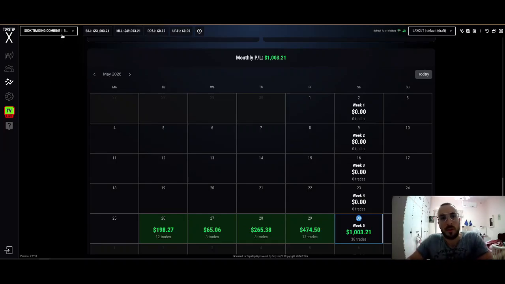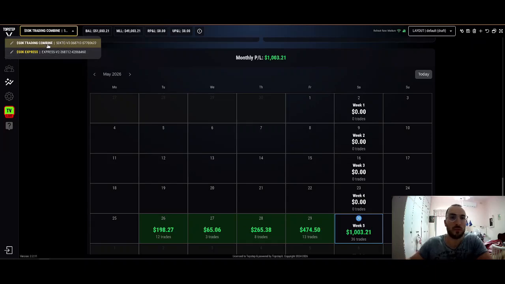So I started on Combine. I did this both to reduce the pressure that I'm feeling. I have an Express account as well, as you can see here. But I wanted to start doing this on Combine just to make it easier on myself and also to start building the discipline and identify any improvements I can make with the strategy and so on.